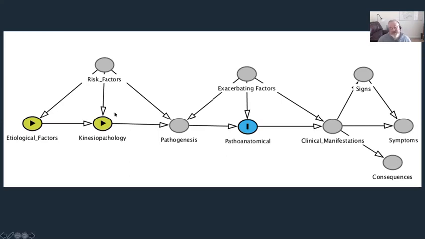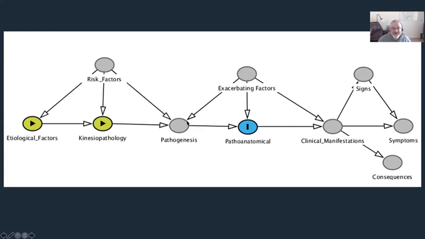So the other difference between this and what you're already familiar with is I've added exacerbating factors, and I've tried to make them slightly separate from risk factors. Risk factors basically are causes of etiological factors or causes of kinesiopathologies or of pathogenesis, whereas exacerbating factors can, here they kind of overlap.